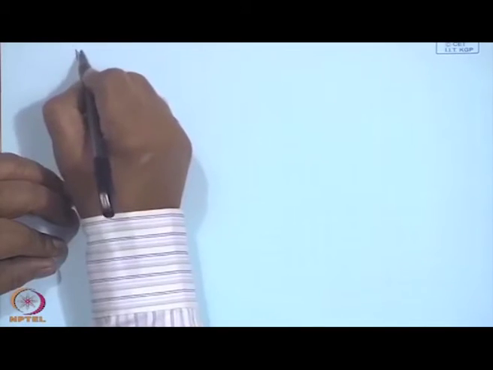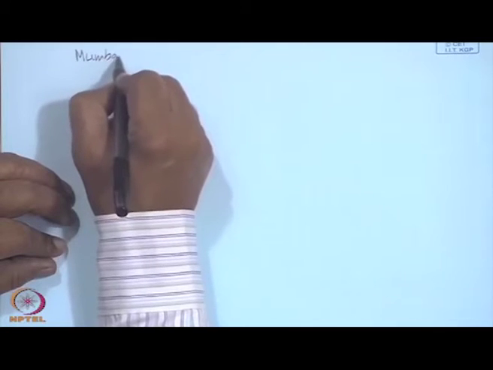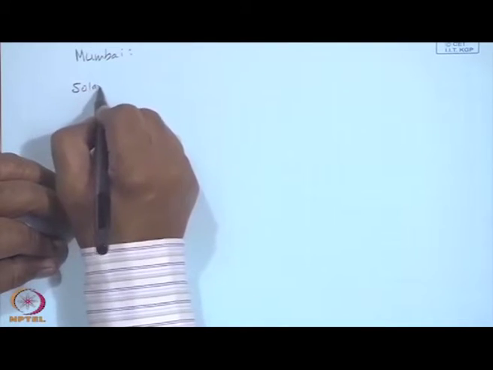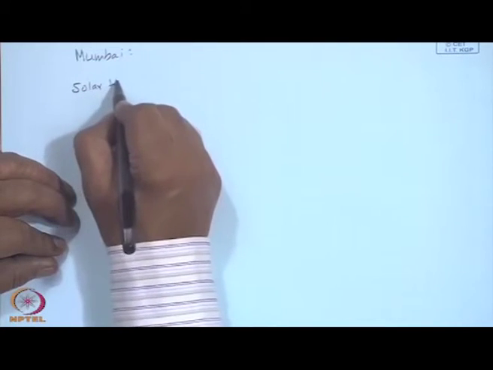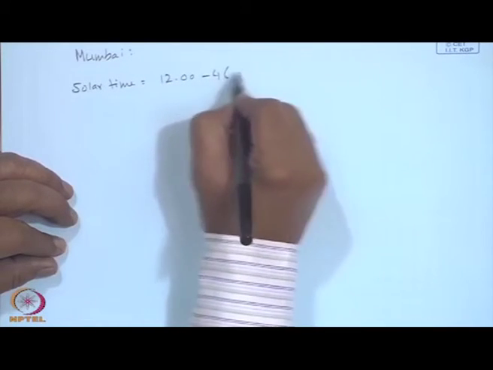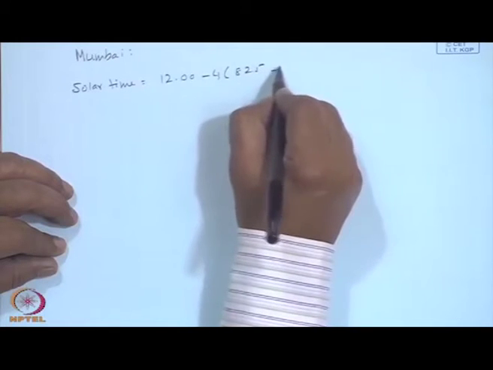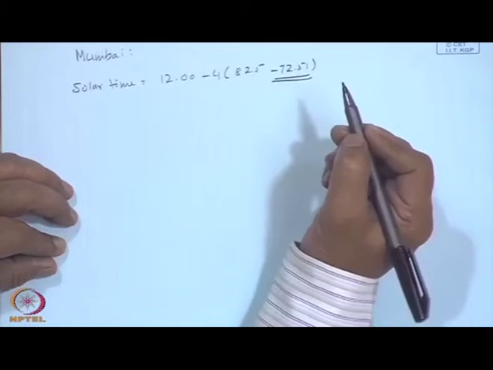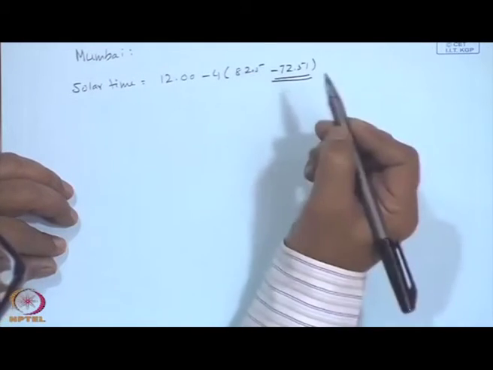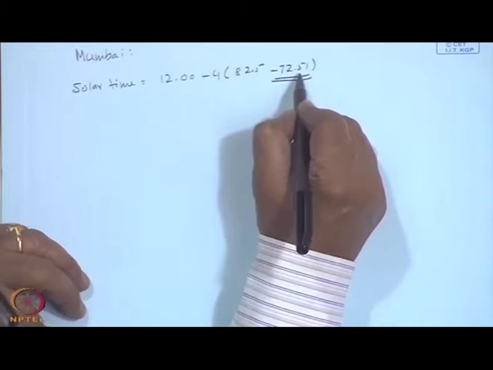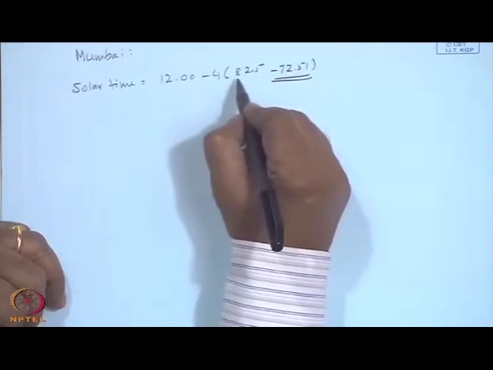So, we go to Mumbai. So, solar time at 12 o'clock clock time will be 12:00 minus 4 times 82.5 minus 72.51. Please note that the longitude of Mumbai is less than the longitude of the standard time. This passes through Allahabad and Mumbai is to the west, consequently, it will be lower than 82.5.